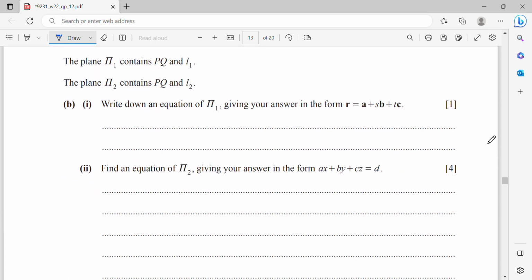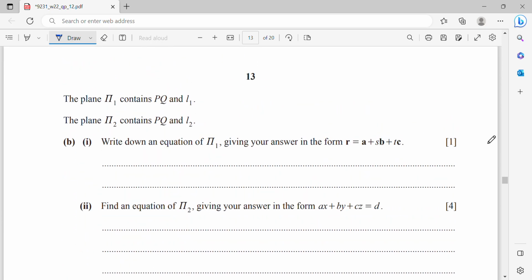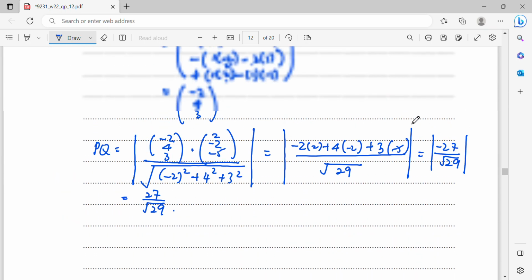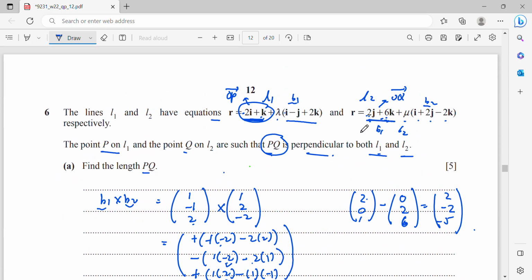Okay, now the plane pi 1 contains PQ and L1. The plane pi 2 contains PQ and L2. Write down an equation of pi 1 in this parametric form. So you can just write r equals, now any point, because it contains PQ, so you can just take any point. Now I may take the first point, 2, 0, 1.